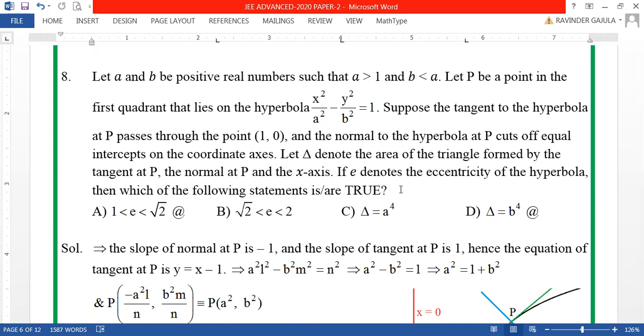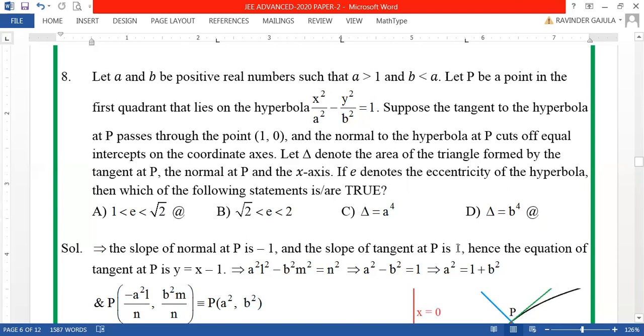Now, the slope of the normal at P is minus 1, so the slope of the tangent will be 1. Because it is given that the normal makes equal intercepts on the coordinate axes, the slope of the normal is minus 1.